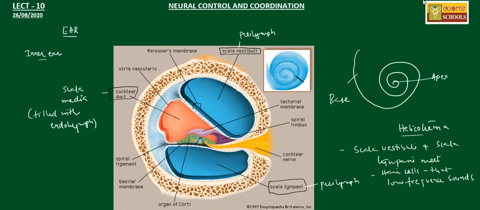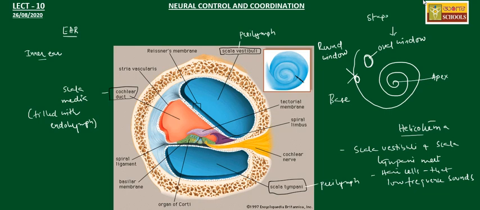At the base, on the top will be the oval window, and below it there will be a round window. Connected to the oval window is the stapes.